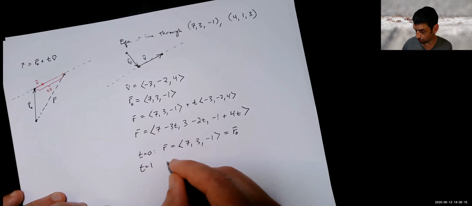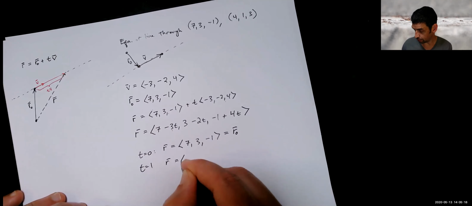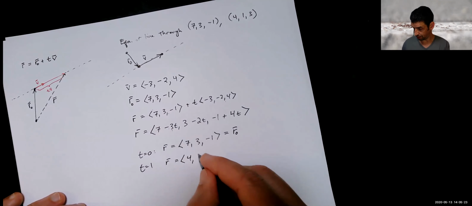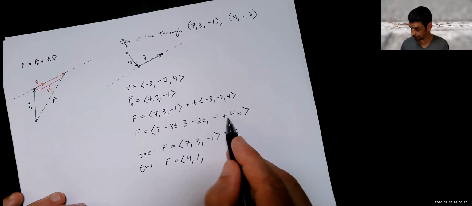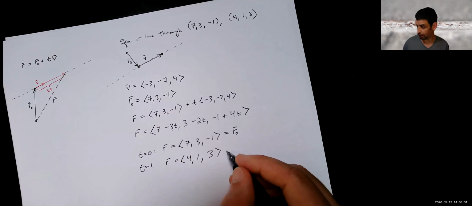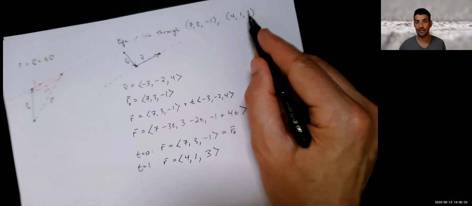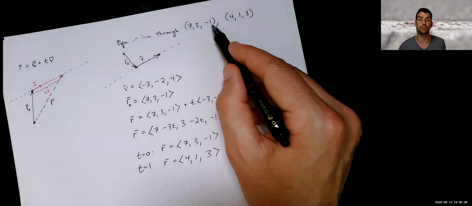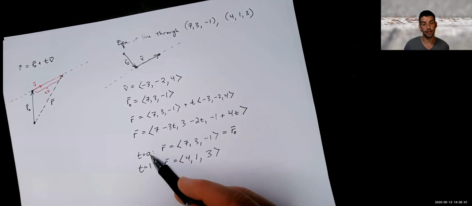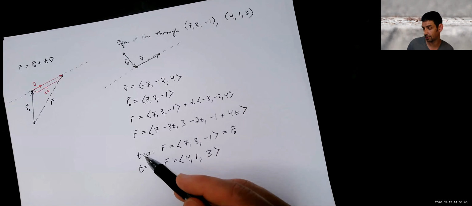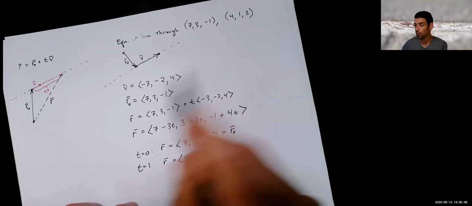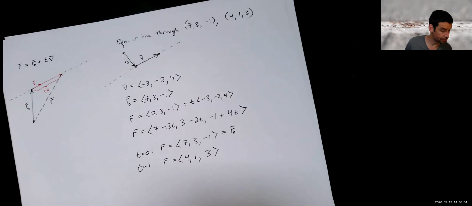And at t equals 1, r is equal to, just putting in 1 for t, 7 minus 3 is 4, 3 minus 2 is 1, -1 plus 4 is 3. And that's the other point. This is the position vector pointing at this point. r0 was the position vector pointing at that one. And so because of how we set it up, at t equals 0 it points at this one, and at t equals 1 it points at this one. We could have made different choices and it could go in the other direction.